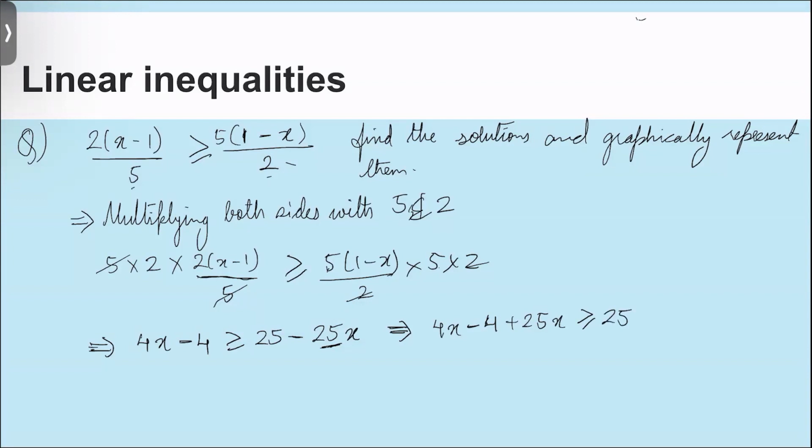Because if we add plus 25x over here, they will cancel each other out. So now we get 29x minus 4 is greater than or equal to 25.